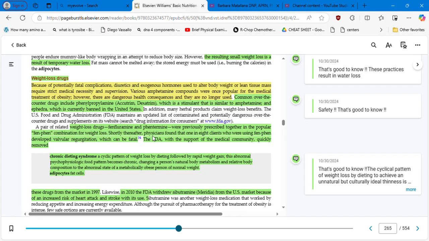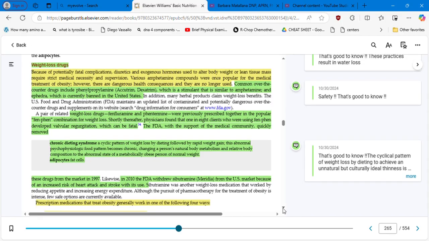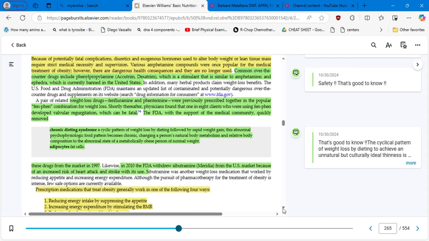Shortly thereafter, physicians found that 1 in 8 clients using Fen-Phen developed valvular regurgitation, which can be fatal. Valvular regurgitation is related to the heart, right? The FDA, with the support of the medical community, quickly removed that medication in 1997.